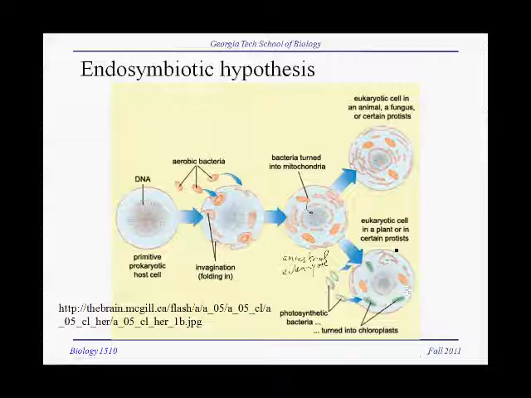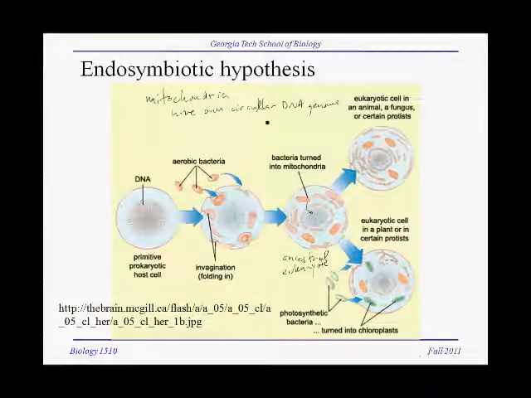So there is very solid evidence for the bacterial origins of mitochondria. Mitochondria, as I said, have their own circular DNA genome. And the DNA sequence of the mitochondrial genome resembles most closely alpha proteobacteria.